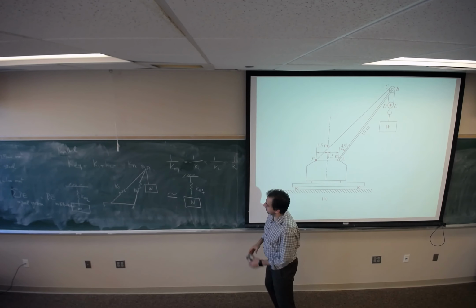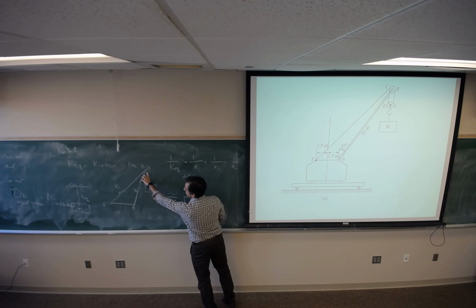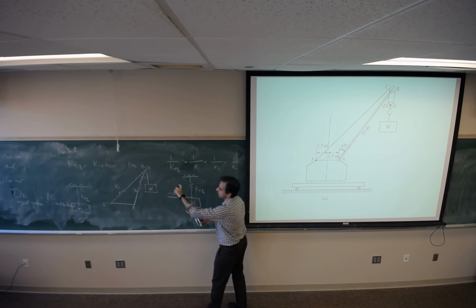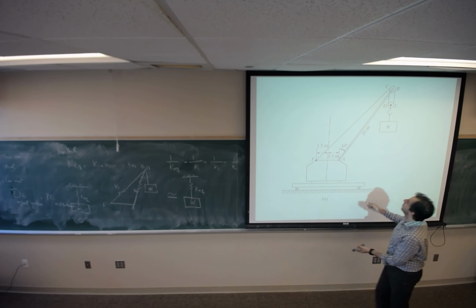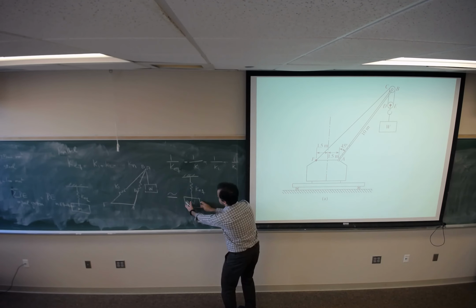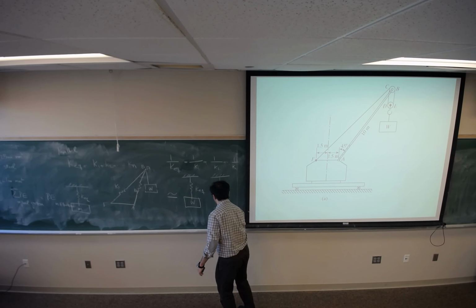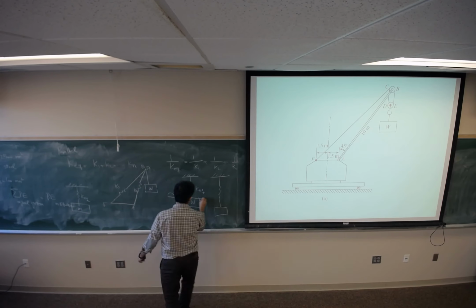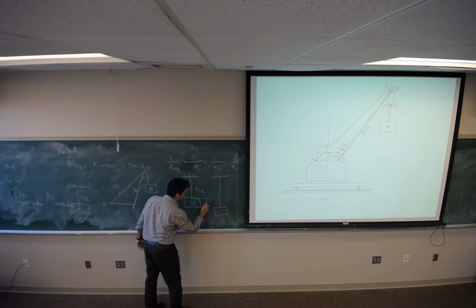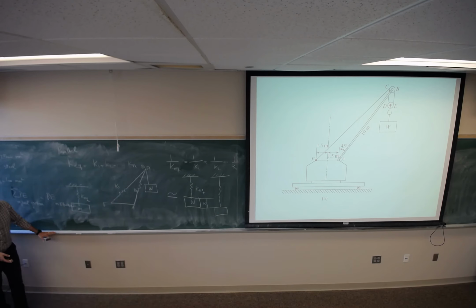So, for example, when you apply weight W, this is going to move by a deflection of x. So point P is going to move by x, or this guy is going to extend by the value of x.